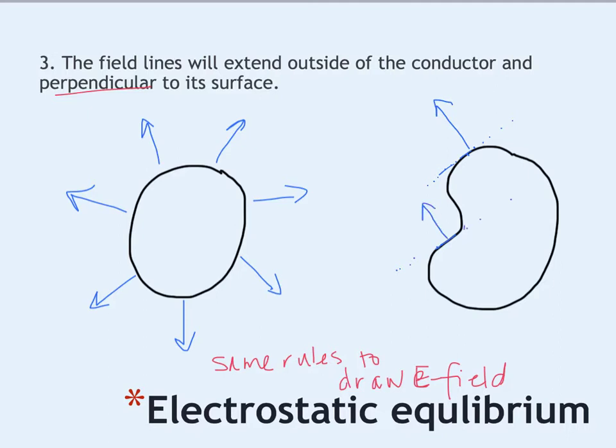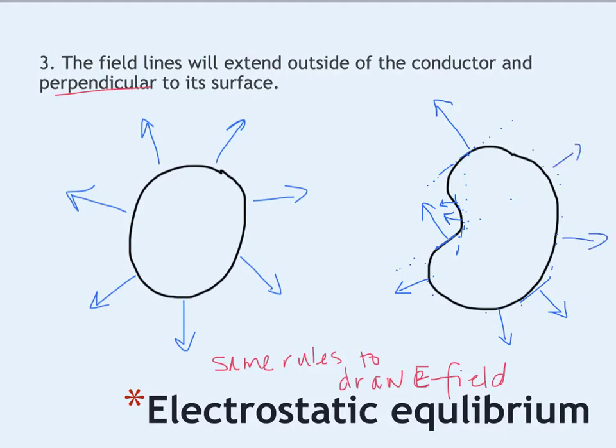I could have a tangent line here, and so my E field would go in that direction. Tangent line here, my E field will go in that direction, and so on, all the way around. So it's always going to go perpendicular to that tangent line, and that helps us identify the direction the electric field is going.